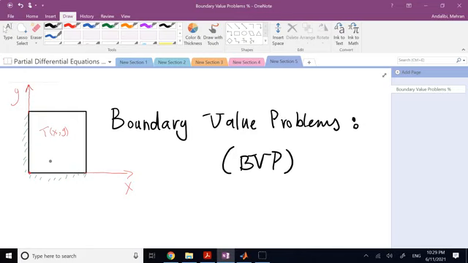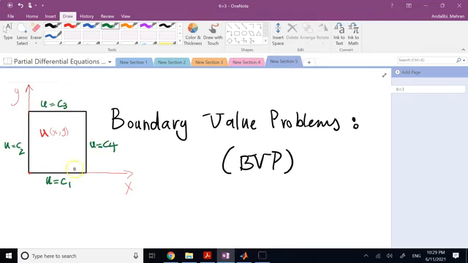One set of BVP problems are the ones for which the temperature, or whatever the variable is, not necessarily temperature, because temperature is only one case, where this unknown variable u, let's say here, is determined and fixed on the boundaries. Okay, so for example, on this boundary you have fixed value of u equal C1. On this boundary you have u equal C2. On this boundary you have u equal C3. And on this boundary you have u equal C4.